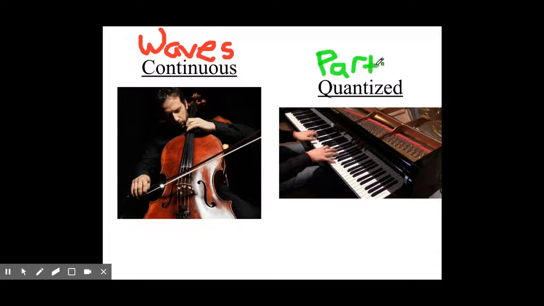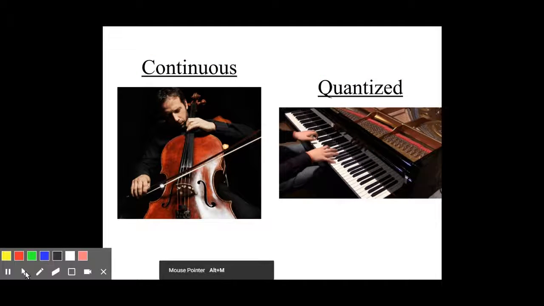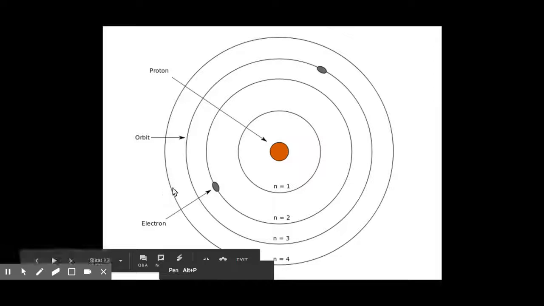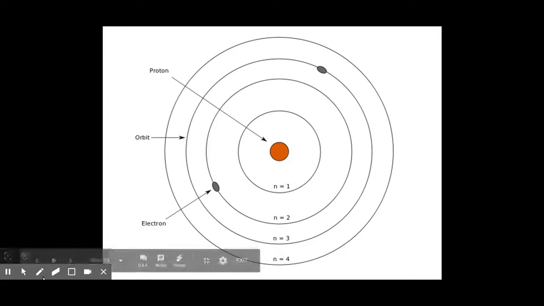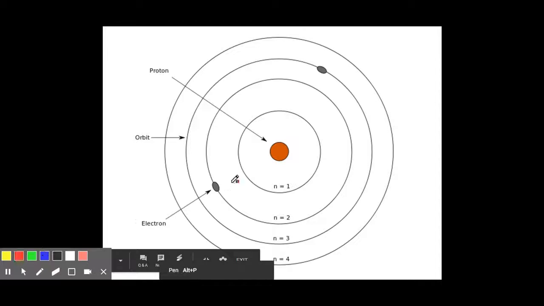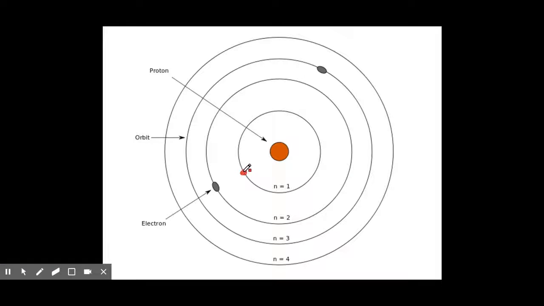The thing is that we had proof that light was a particle, and we had proof that light was a wave. So they debated on and on for this, and I'll get to that. Another way to see the quantized version is if we have an electron in the first energy level.